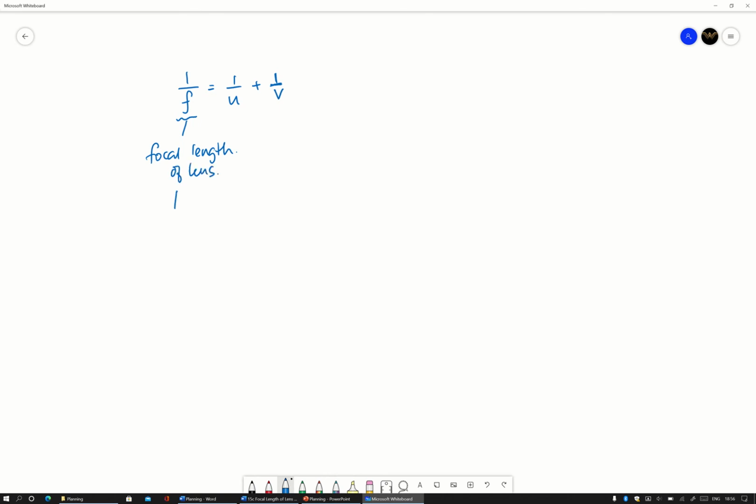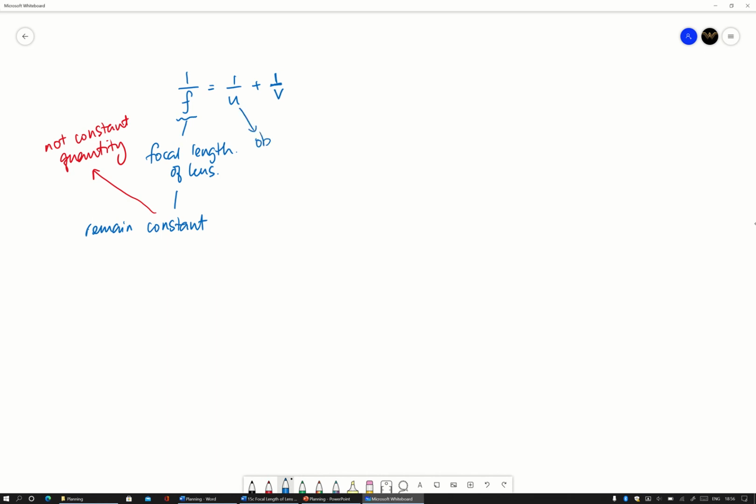And because this is the focal length of the lens, we know this will remain constant. But do note, this is not a constant quantity. Mathematically, we know this value is going to remain constant.